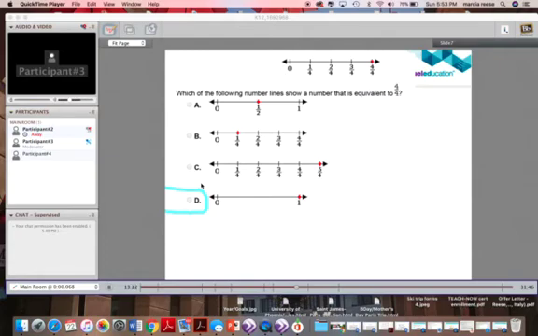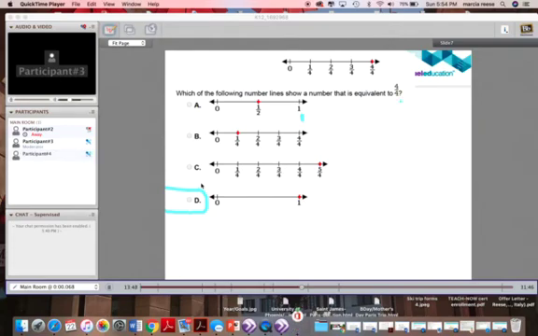Now, B could be kind of tricky, right? B could be kind of tricky and make you think that it's equivalent to 4/4 first. First, I thought it was A because it has 1 and that's equal to 4/4.